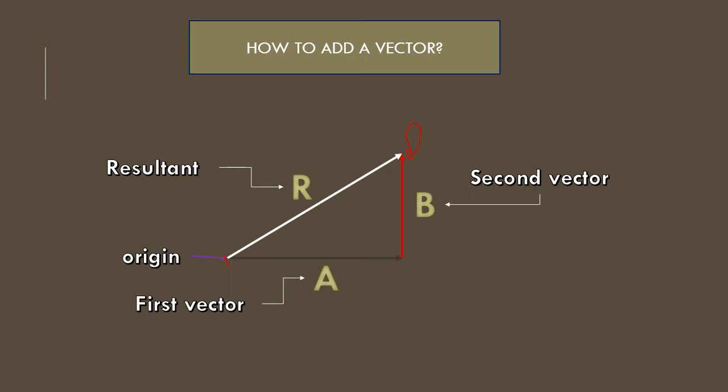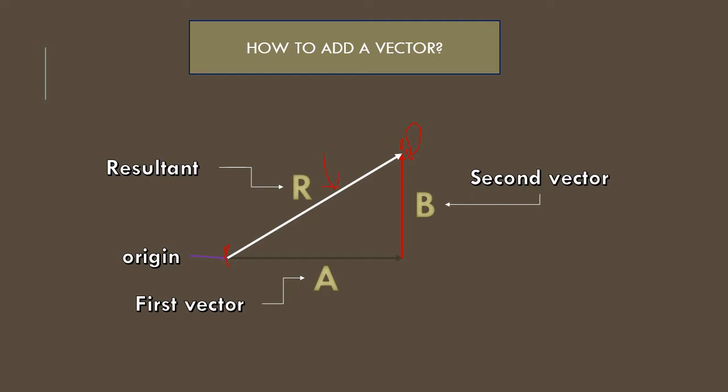So, to get the resultant, yung concern lang ng resultant ay from the original position, which is here, hanggang sa final position lang. So, i-connect mo lang from original to final position at magkakaroon ka na ng resultant.